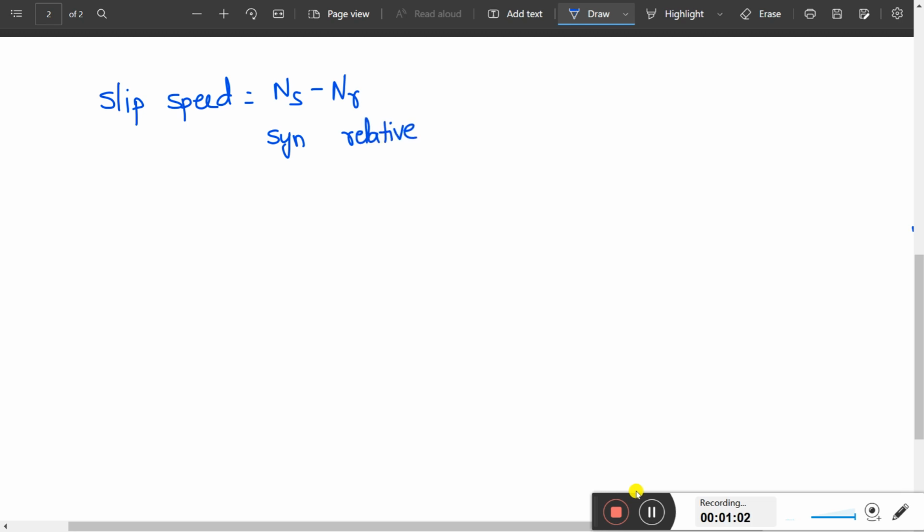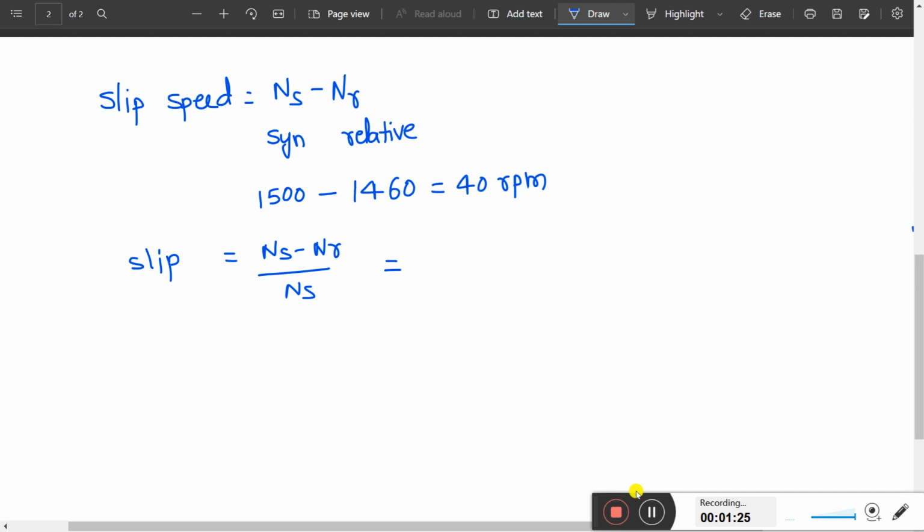For example, if I take the synchronous speed as 1500 rpm and the relative speed of the motor as 1460, the slip speed is equal to 40 rpm. If I take slip, we can directly write Ns minus Nr by Ns. It is equal to Ns minus Nr value 40 by 1500. This is equal to the slip of the induction motor.